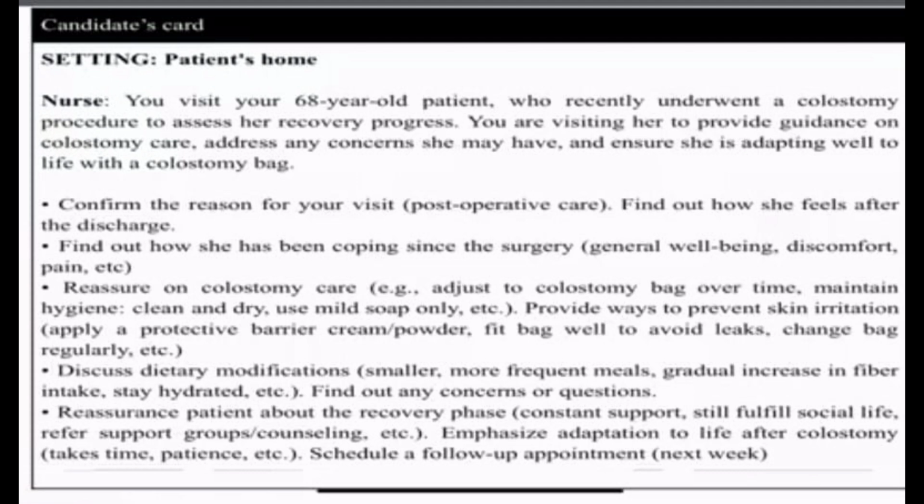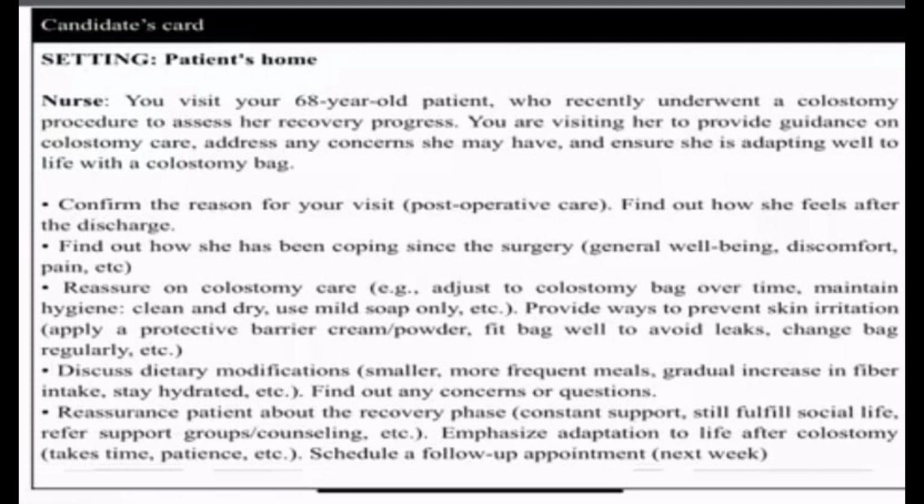From the background history, we can think that it is a known case or an unknown case. Now friends, this is a known case, and in a known case also there are two types of cases, the first category and the second category. In the first category, mainly the nurse and patient will interact for the first time. For example, any doctor gives you an advice to go to the patient's home and communicate with the patient.